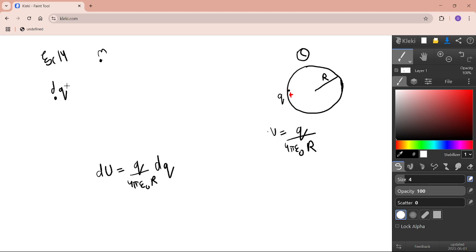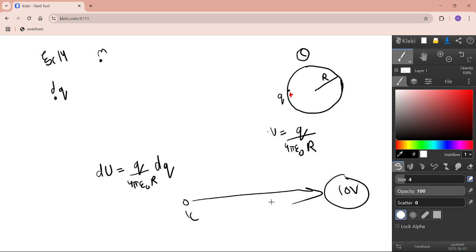So the work done by the external force in bringing this charge from infinity to this point on the surface will be q upon 4 pi epsilon naught r times dq. Imagine there is a 10-volt sphere and you are bringing a 1 coulomb charge from infinity. What will be the work done?